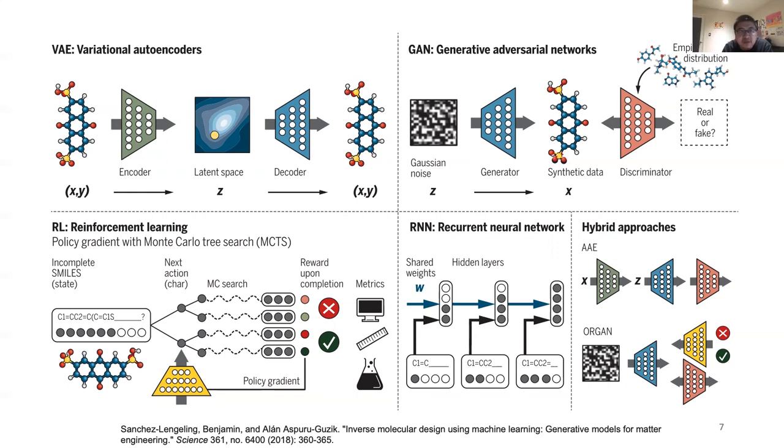Reinforcement learning is more of like a greedy process, and sometimes it can generate super long chains, which doesn't look like drugs. And RNN stands for recurrent neural network, processing sequence-based structure like the SMILES code, and some people also use RNN plus graph structure for molecule design, and there are hybrid approaches.